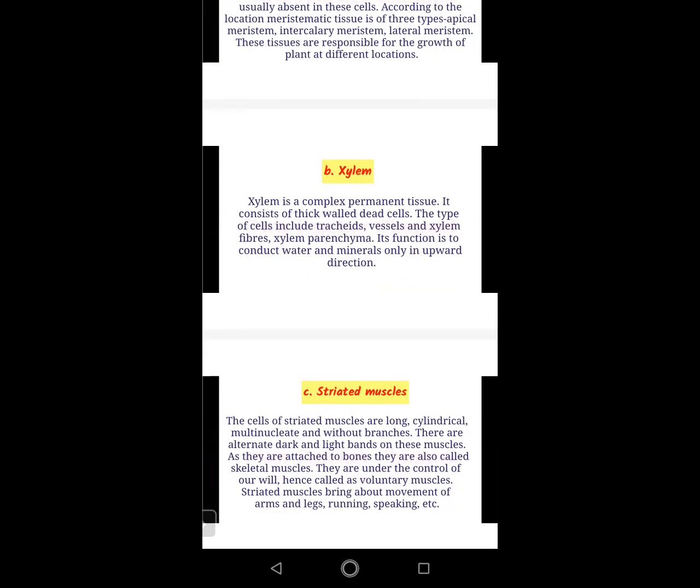Xylem is a complex and permanent tissue. It consists of thick-walled cells. The types of cells include tracheids, vessels, xylem fibers, and xylem parenchyma. Its function is to conduct water and minerals only in the upward direction.